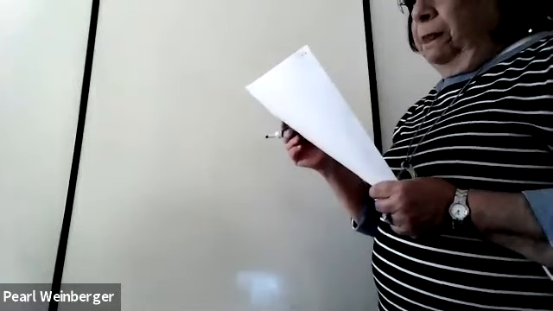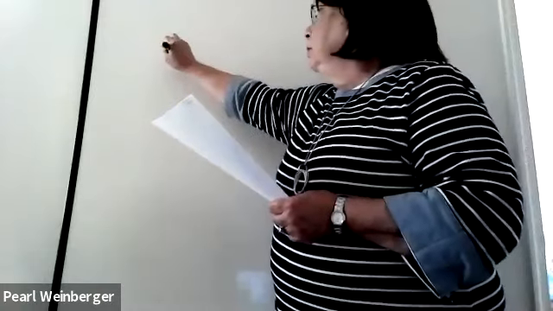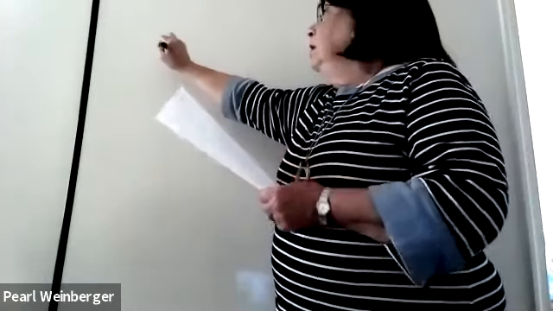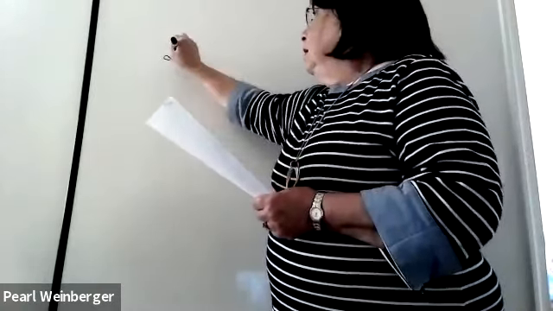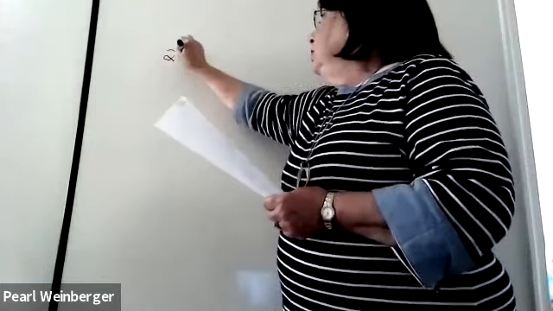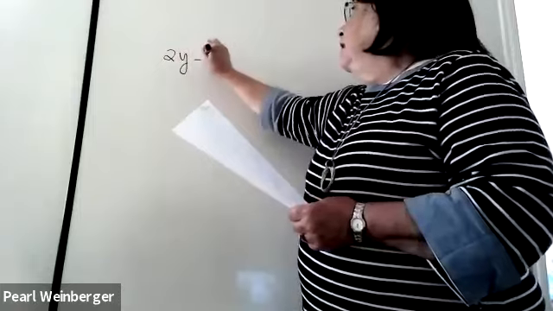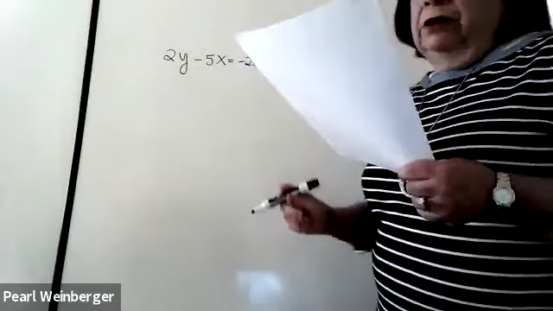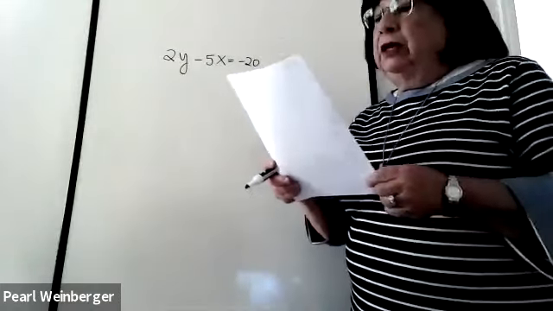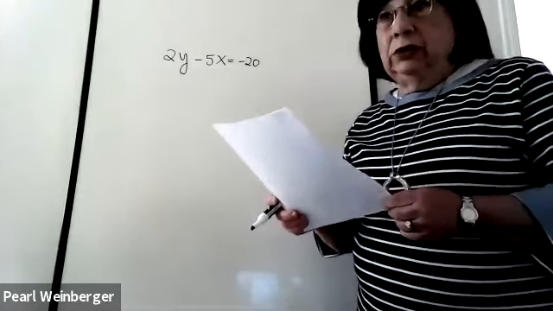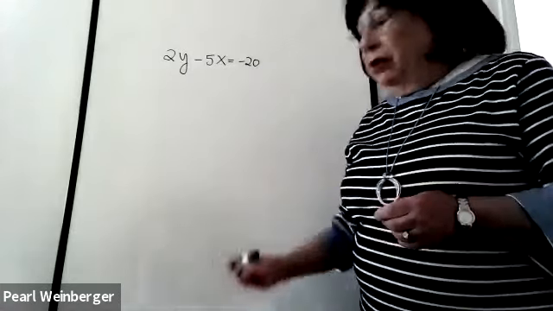First of all, let's say I gave you, this was example number 7, where the equation we were given was 2y minus 5x equals negative 20. And we wanted to use the slope and y-intercept to graph the line.